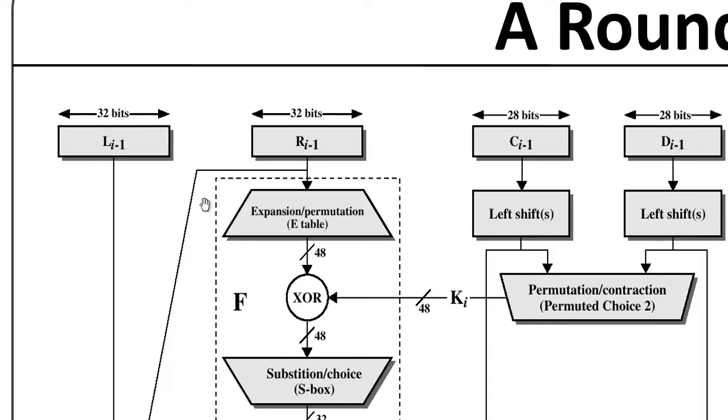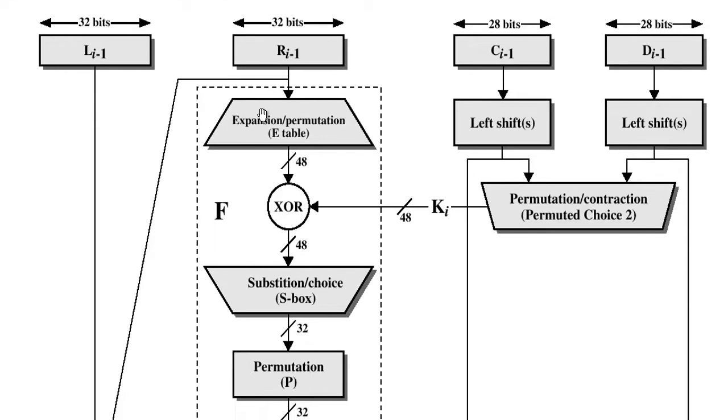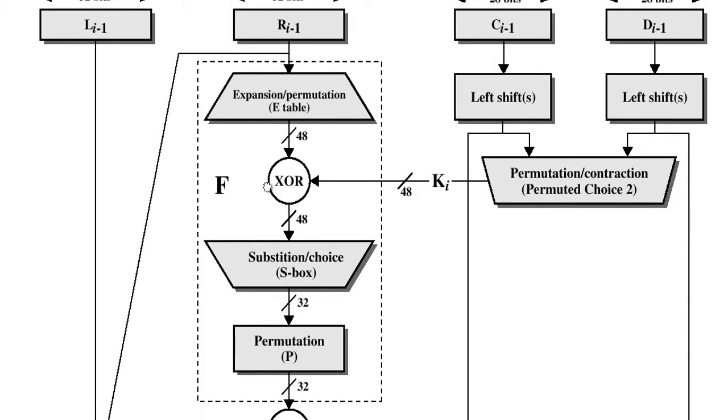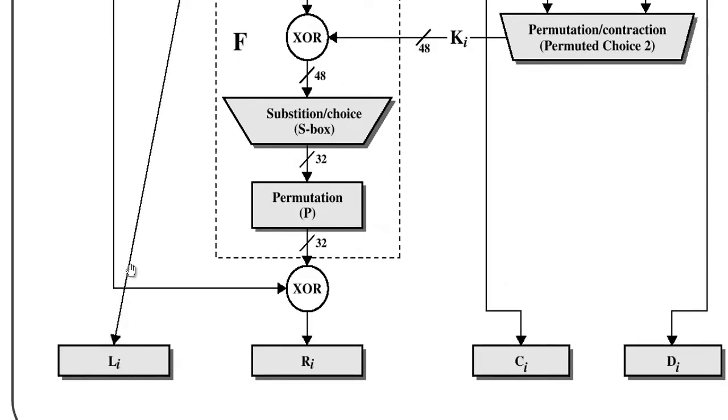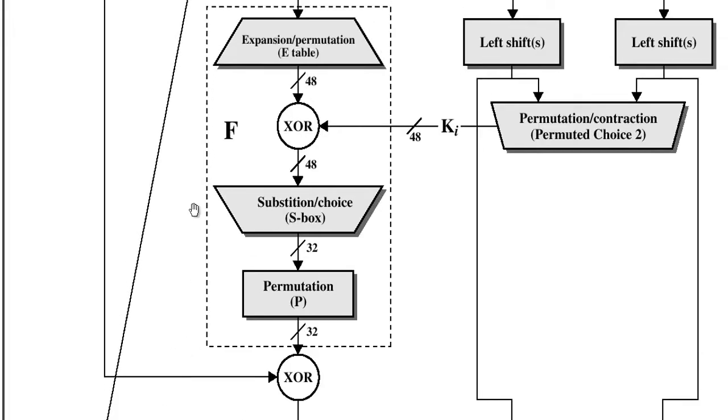And here, this provides the overall structure. One thing we can understand here is our data block, that is 64 bits, which is divided into two halves, 32 and 32, left half 32, right half 32. We can also see that a copy of R is directly transferred into L of the next round.